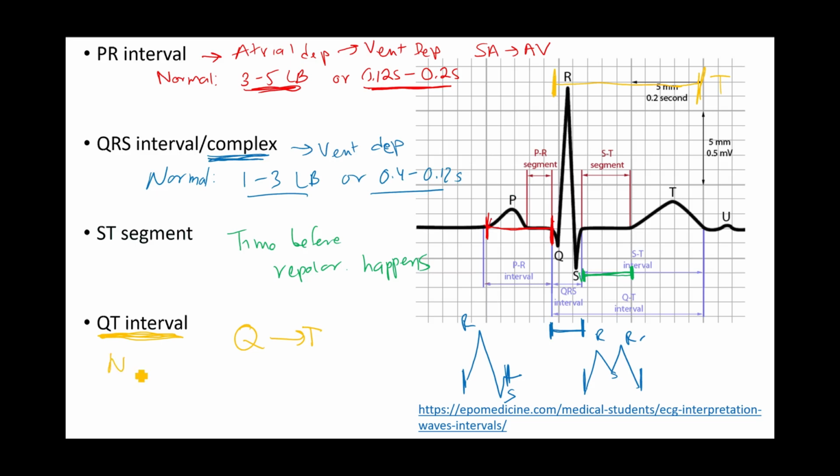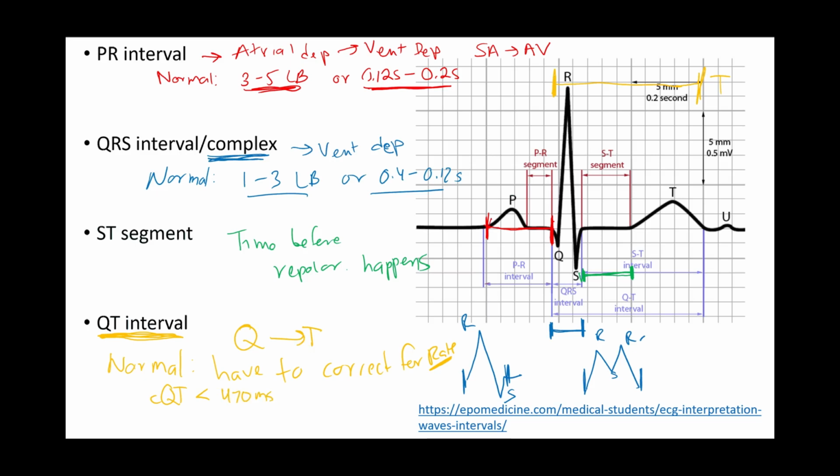A normal QT interval is difficult to measure because you have to correct for the rate of the EKG, and then get something called a corrected QT interval, with normal being less than 470 milliseconds.